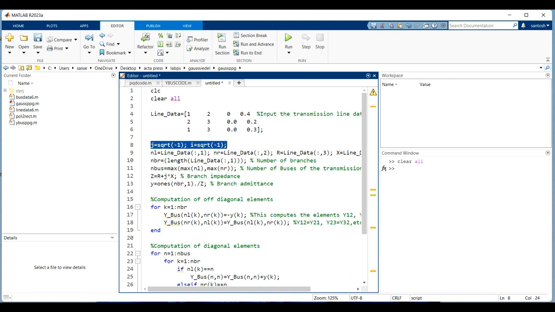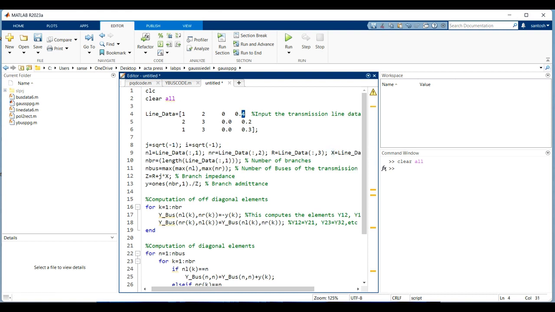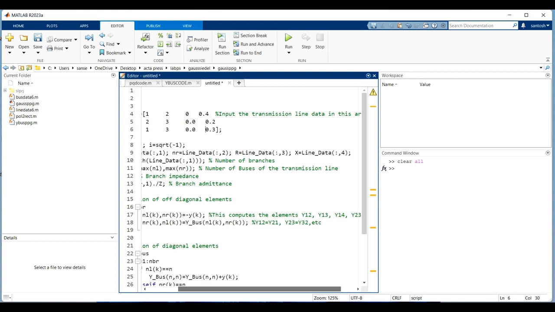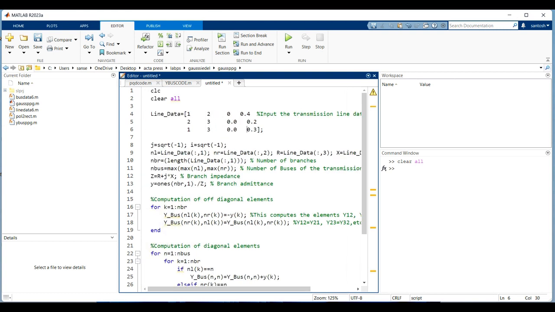So now we have to give the value of j. So j is equal to square root of -1. Also we have to give the information about the columns of the line data: the from bus, the to bus, the R value, and the reactance value of the line data.